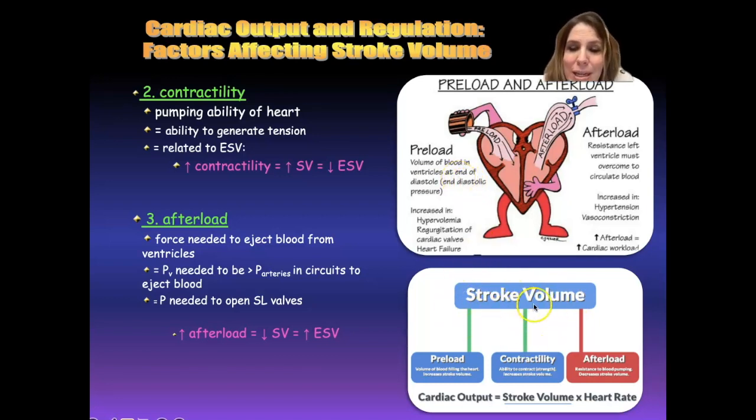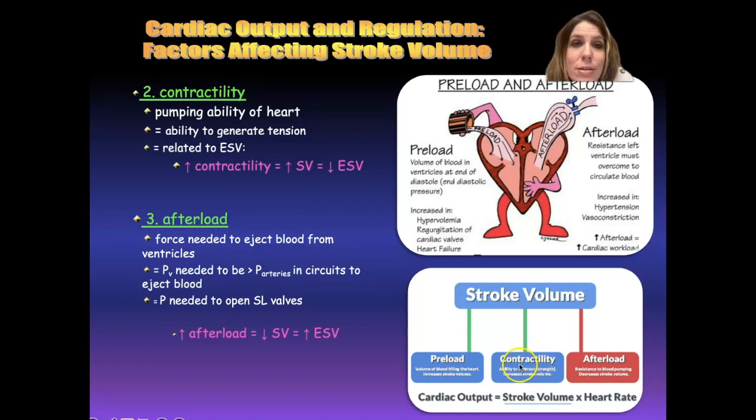So to summarize it again, your stroke volume is essentially a combination of three main factors. The preload, which is the volume of blood filling the heart. As it increases, you increase the stroke volume. Contractility, which is the ability of the heart to contract. So how strong are those contractions?